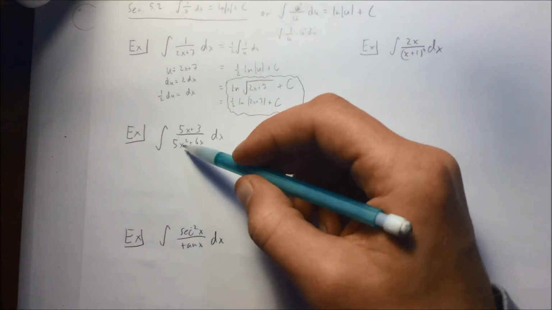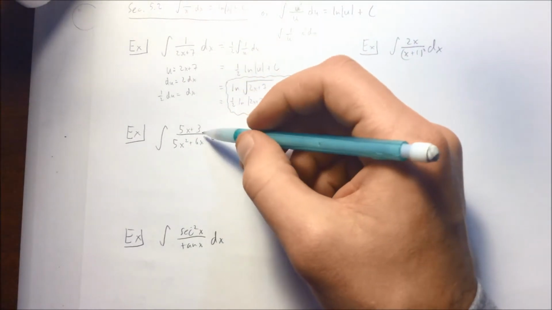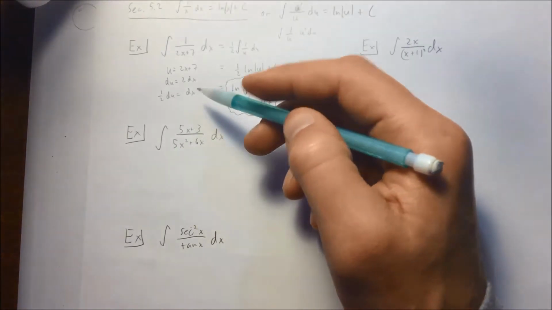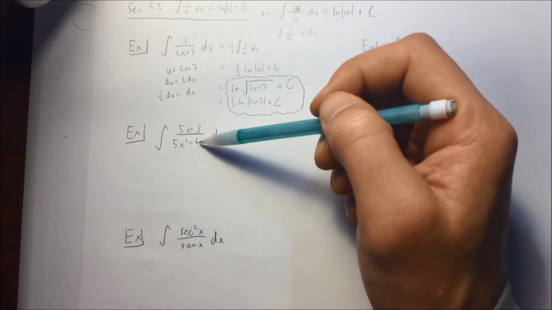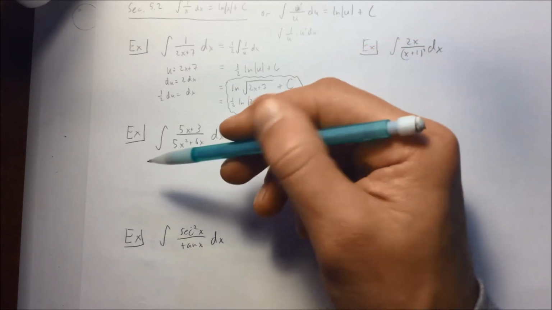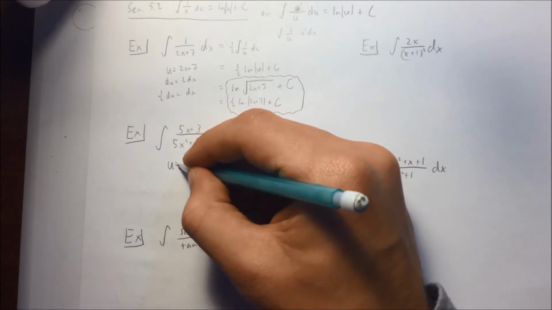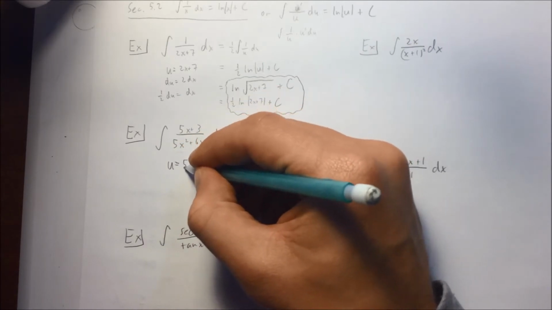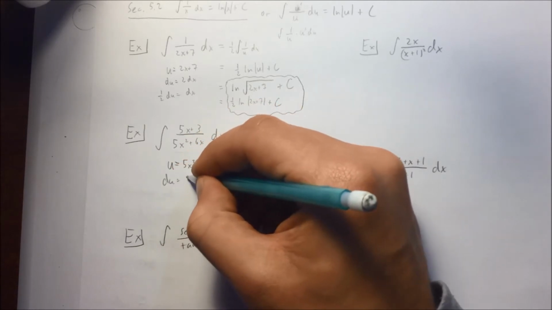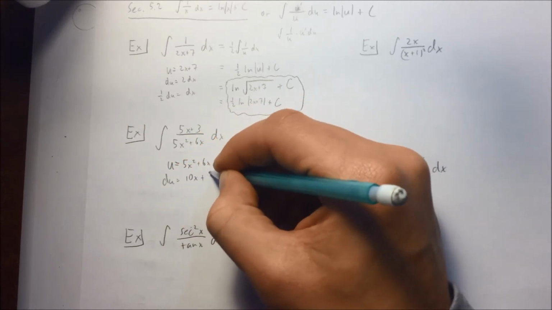Moving on to our next problem here, same sort of thing. Well, let's see here. Intuitively, we know that the u is probably going to be what's on the bottom here, because it's probably going to get rid of what's on top. Well, let's try that first. U is 5x squared plus 6x, du is going to be 10x plus 6.